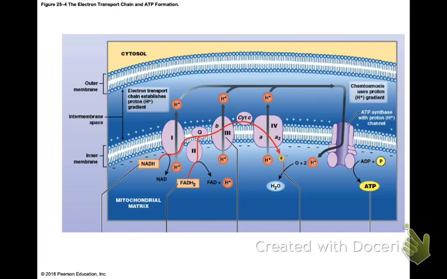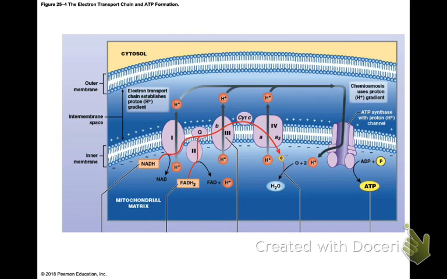All right, let's start back at NADH. Follow the hydrogens this time. The hydrogens are released in the matrix from NADH and FADH2. If you start with NADH, you have enough energy to pump a hydrogen through complex 1. You pump a second hydrogen through complex 3 and a third one through complex 4.